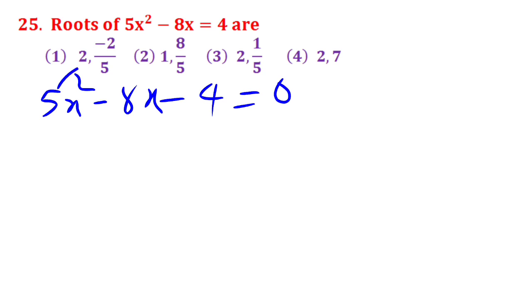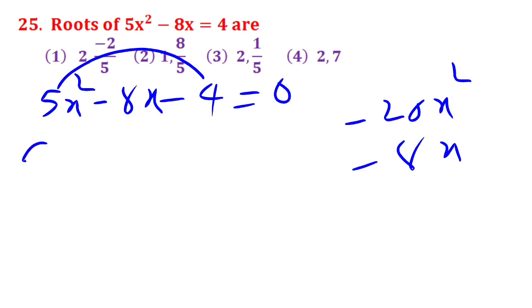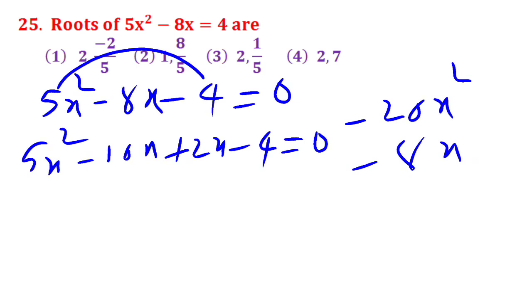So first term and last term multiplication is minus 20x square and the middle term is minus 8x. So 5x square minus 8x I am writing as 5x square minus 10x plus 2x minus 4 equals 0. If you multiply these two, you will get 20x square.